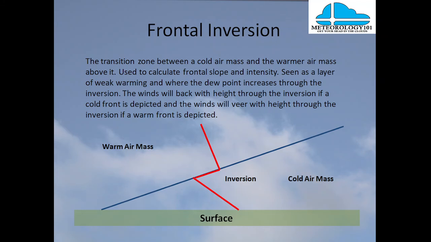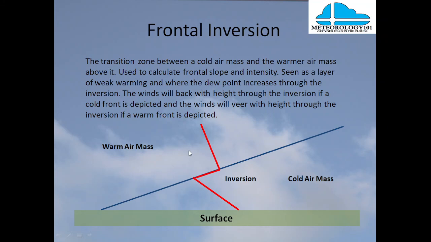So if you have a cold front coming through, with the warm air riding up over the top of that cold front, and you launch a balloon through that, you're getting colder with height, and then as soon as you hit the top of that cold air mass, you would have an increase in temperature with height, and then you would start cooling again in the upper levels. That creates your inversion, with a warm air mass over a cold air mass.